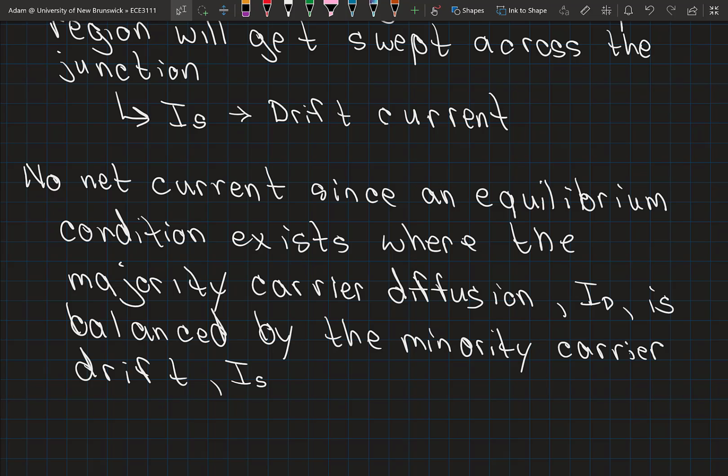Okay, be careful. I know that it can be challenging to remember which current these terms refer to, because drift and diffusion both start with a D, but the I subscript D corresponds to diffusion current.